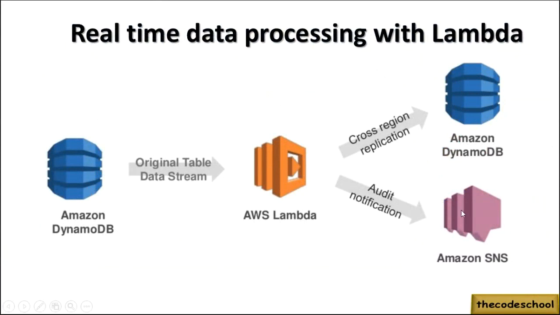That can be sent via Amazon SNS, Simple Notification Service, and this can deliver email, or SMS, or cater to multiple other services which can subscribe to the topics of SNS.